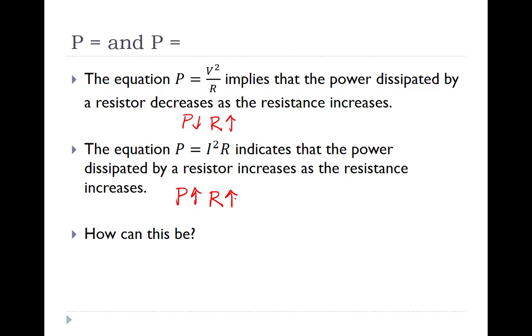So I'm going to go with an example that is typical for electric circuits. And the thing that is constant is the voltage. If I think about plugging my lamp into a wall socket, that wall socket is going to supply 110 volts to my lamp, assuming it's a standard outlet here.